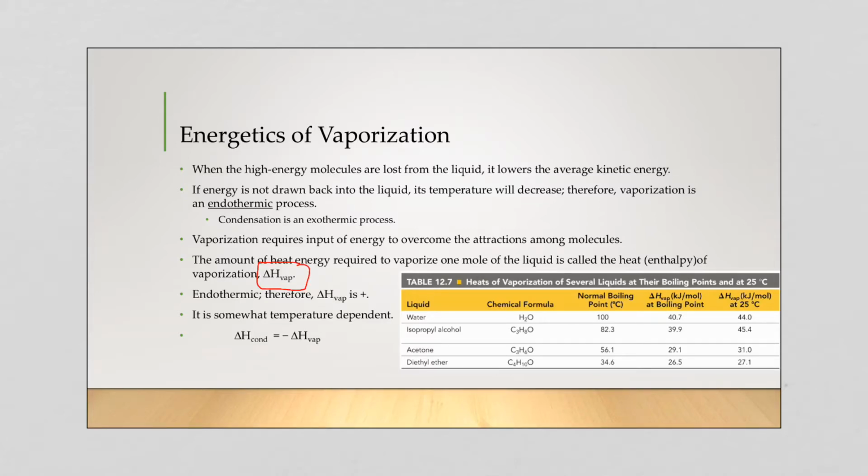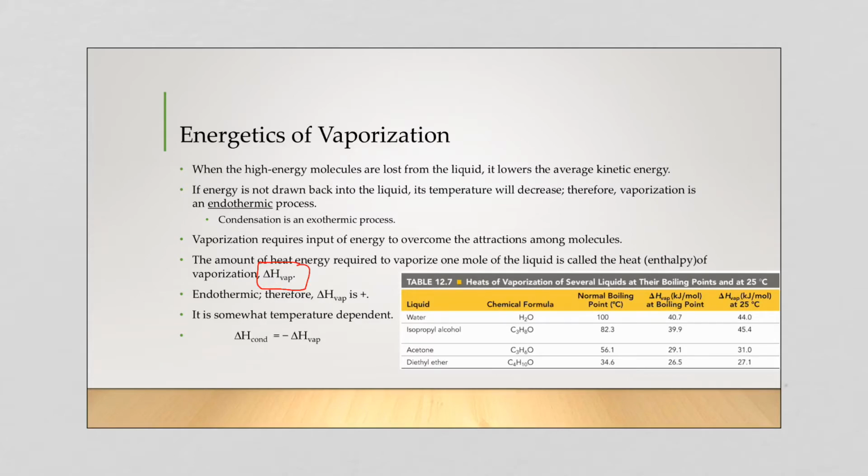Now, since it's an endothermic process, enthalpies of vaporization are always positive. And it's somewhat temperature dependent. Most of the time we ignore the temperature dependency, but when it's listed in tables, you'll see that it's the enthalpy of vaporization at this temperature or that temperature.